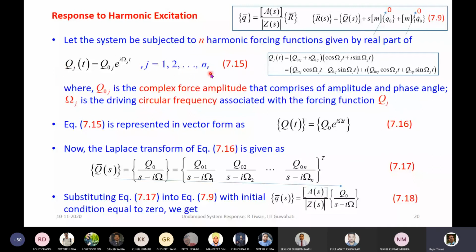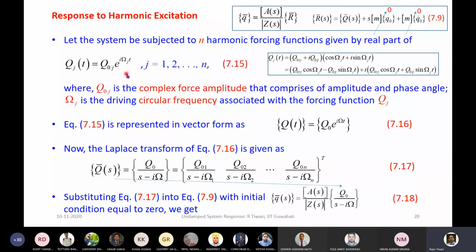There are n number of forces in the system, and it is very important that all the forces have different frequencies. Capital omega j is the frequency of the external force. Small omega, which we discussed earlier in the previous slides, is the natural frequency of the system.